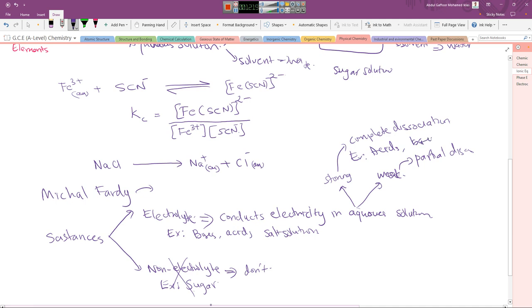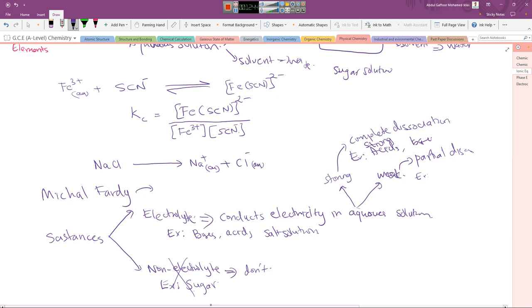So it's not just acids, bases; here it's strong acids, strong bases, right? Because strong acids and strong bases undergo complete dissociation. And weak electrolytes undergo partial dissociation, and we can give weak acids and weak bases as examples for these kinds of weak electrolytes.